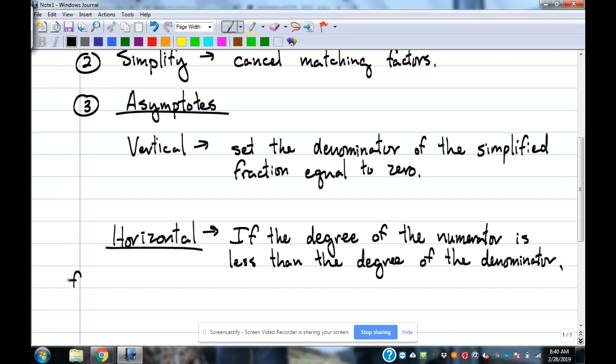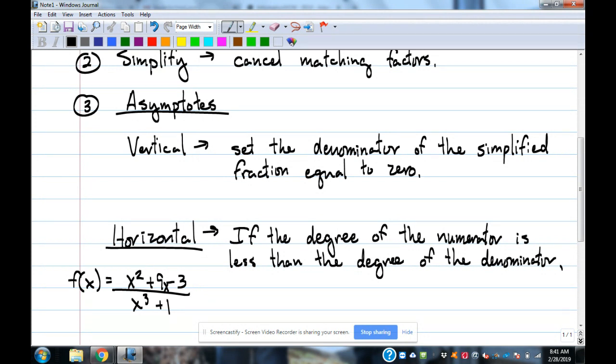An example of that would be something like x squared plus 9x minus 3 over x cubed plus 1. There's an example where the degree of the numerator is less than the degree of the denominator. The top has the highest exponent of 2, the bottom has the highest exponent of 3.